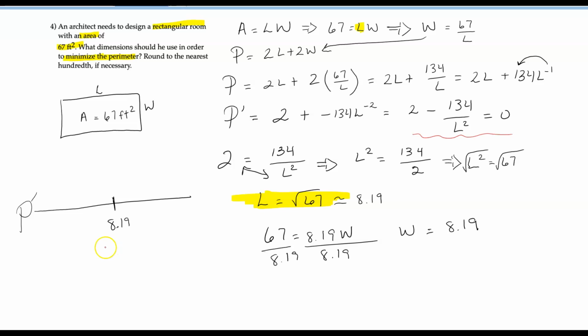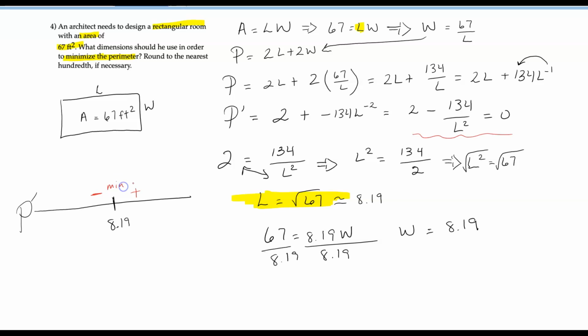There's my P prime formula. You pick a number before 8.19, you get a negative number, but if you pick something after 8.19, you get a positive. So this right here, because it goes from negative to positive, will minimize the perimeter.